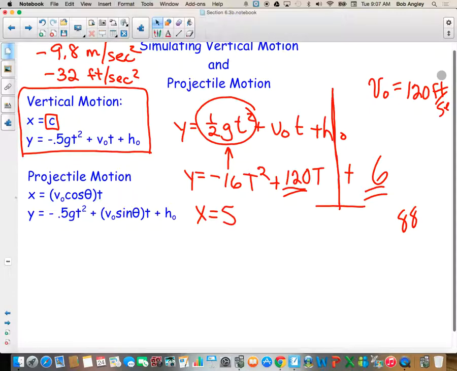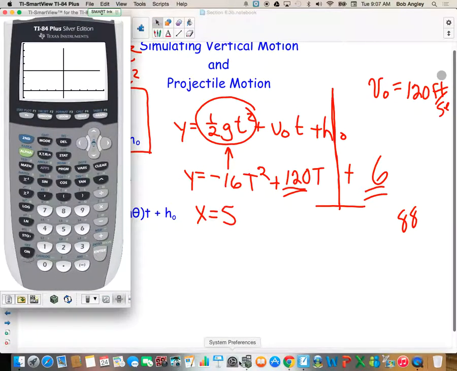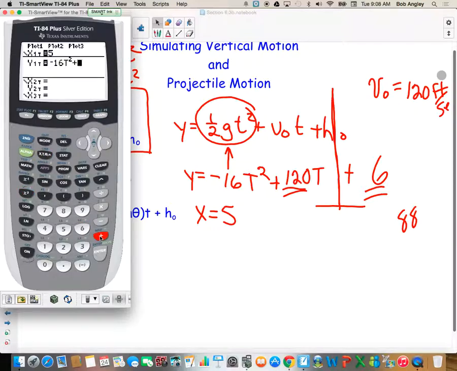Okay, so let's watch Nick throw the ball up in the air. Okay, so let's clear out all our junk. Okay, now if we go back up here, we're going to get a 5, and then we need this equation that's negative 16t squared plus 120t plus 6.